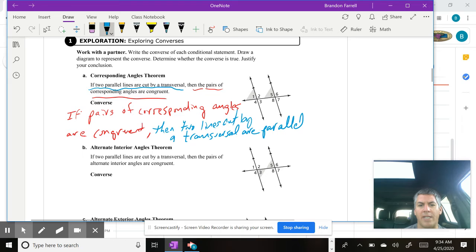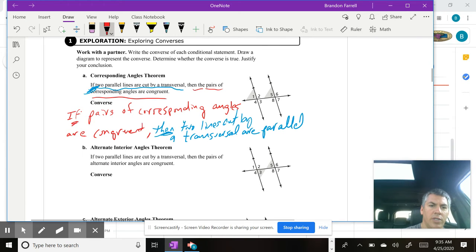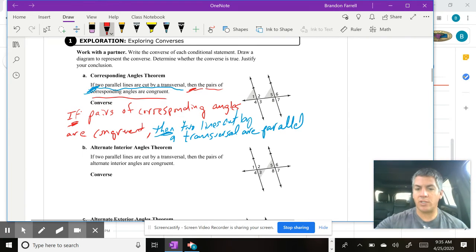Okay, so basically it just switches the if-then part of the statement. So this is the then part, which was the if part before, and the if part was the then part in the original statement. As you can see, I'm in the car, so I'm not going to have the greatest handwriting.